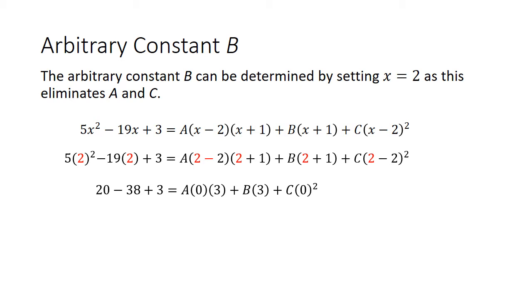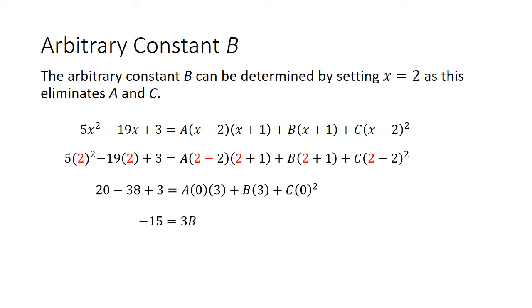That is multiplied by a, and 2 minus 2 gives us 0. So you can see straight away that a is going to be eliminated. Here we have 2 plus 1 giving us 3. We also have b, multiplied by 2 plus 1, so it's multiplied by 3. And over here we have c multiplied by 2 minus 2, so c will go to 0 as well.